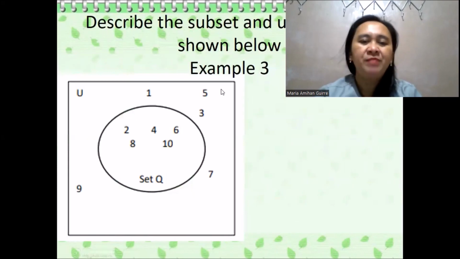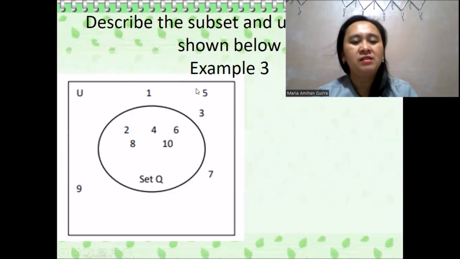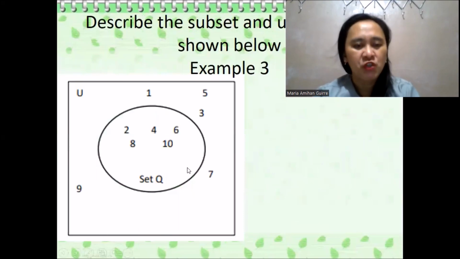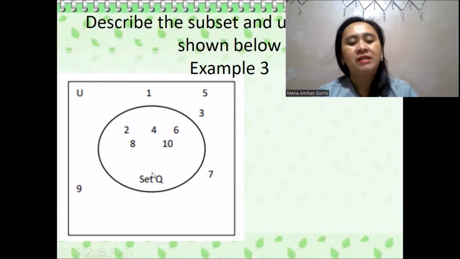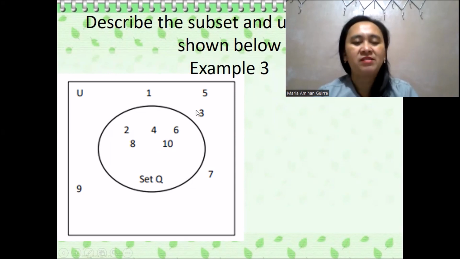So to describe the subset and universal set, shown below, for example, 3. So if we observe, these are the elements of the universal set. Yung nasa labas at nasa loob ng set Q, elements are all universal sets.